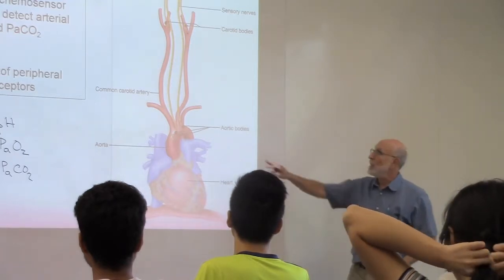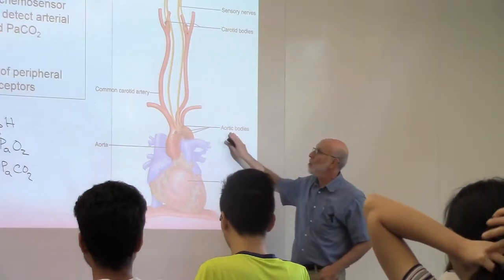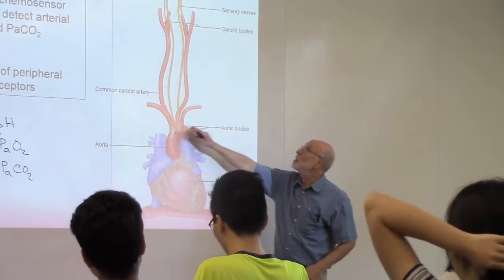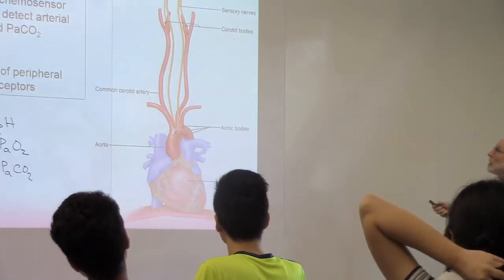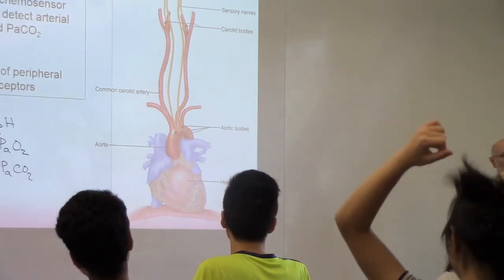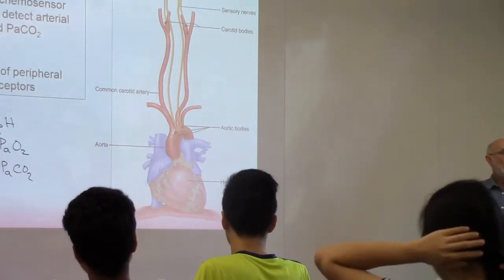So the anatomical locations are in what are called aortic bodies, cells in the aortic arch, and cells in the carotid bifurcation, the split between the internal and the external carotid arteries.